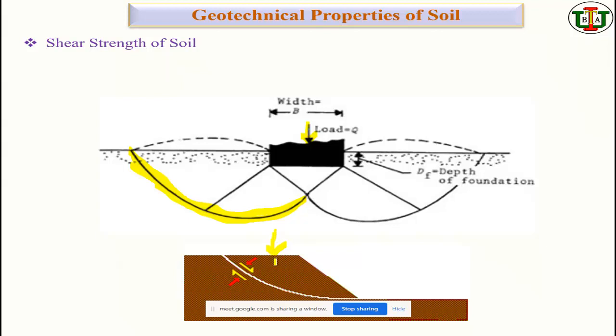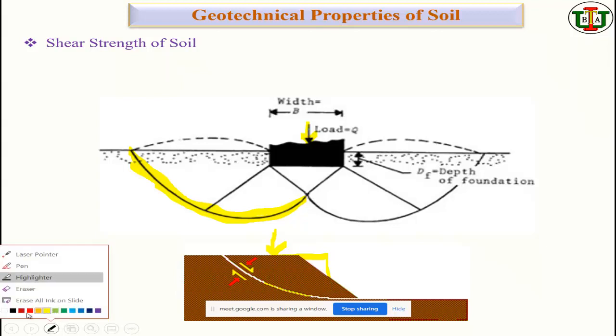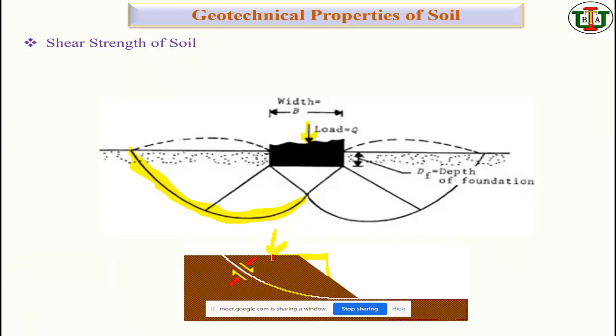Are you going to have slicing like that, only this portion, only this rectangular portion of soil collapsing? Are you going to have the sliding like that?